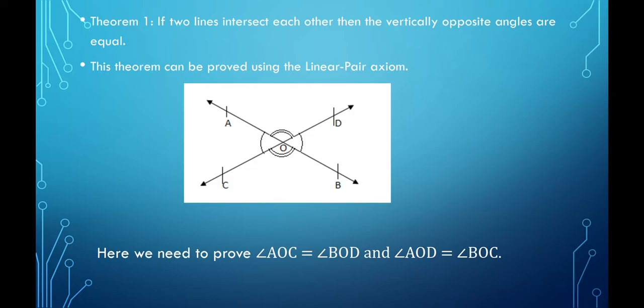So here in the figure, AB and CD are two lines intersecting each other at O. The angles formed are AOC, COB, BOD and AOD, in which the vertically opposite pairs are: AOD is paired with BOC and AOC is paired with BOD. We have to prove that these angle pairs are equal in measure. So that is written in the proof: angle AOC equals angle BOD and angle AOD equals angle BOC. So let us prove.